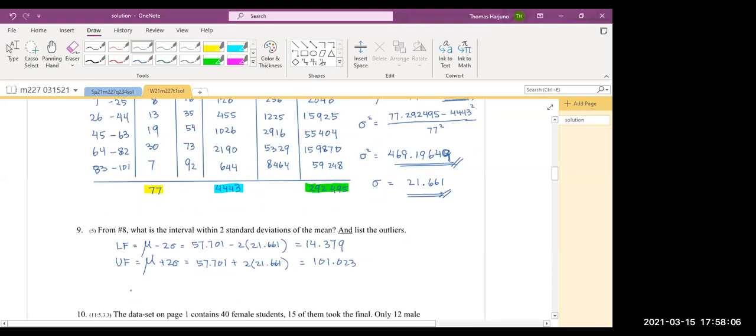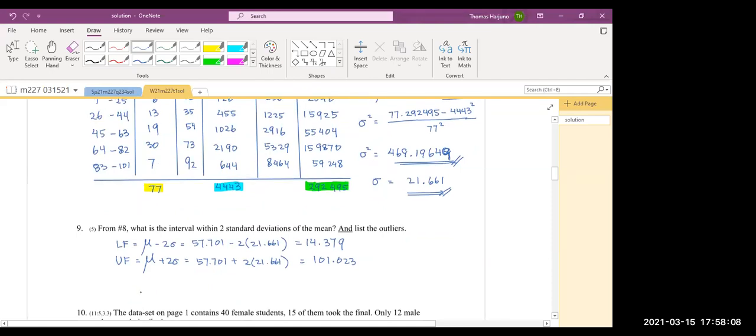So the usual interval is from 14.379 to 101.023. That's the usual interval.